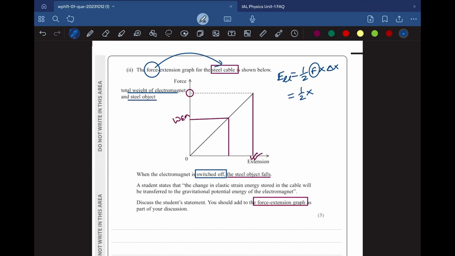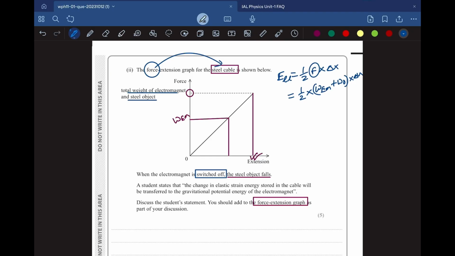So we can write weight of the electromagnet plus the weight of the object into del x, right?